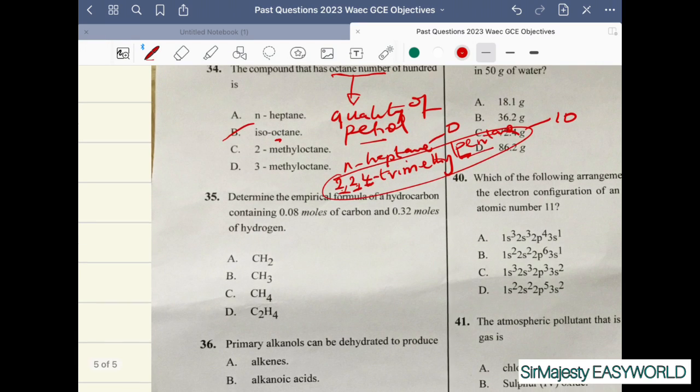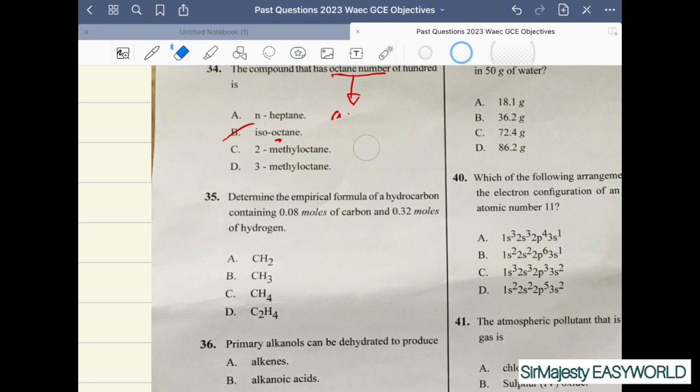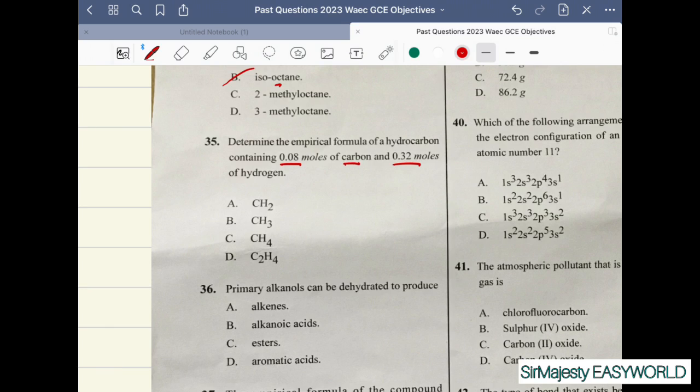Now, question 35 says, determine the empirical formula of a hydrocarbon containing 0.08 moles of carbon and 0.32 moles of hydrogen. So we have carbon, we have hydrogen. Number of moles of carbon is 0.08.